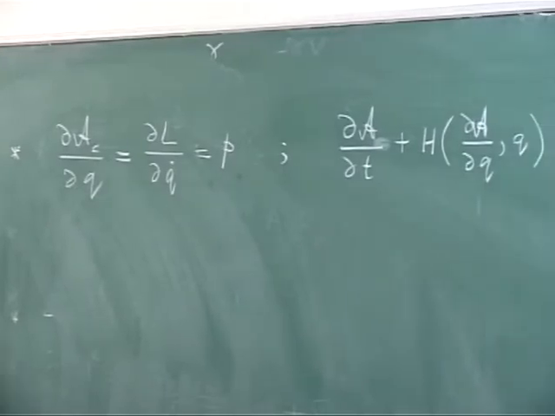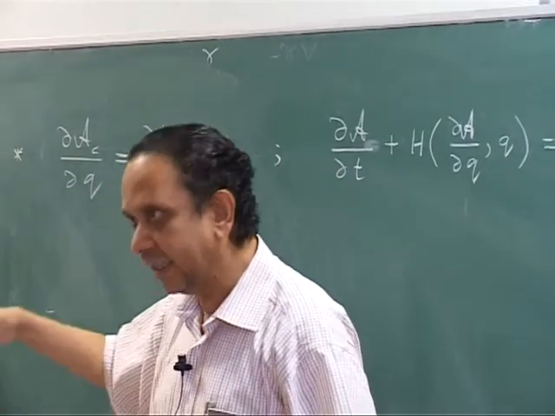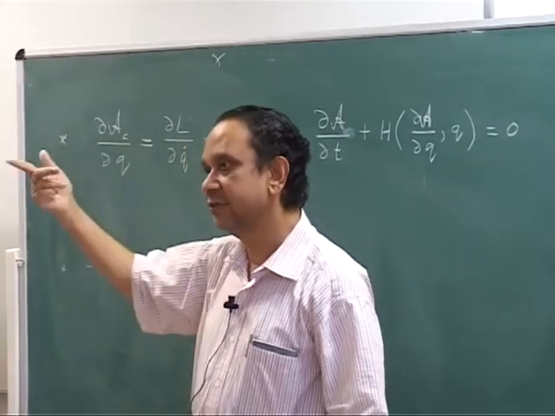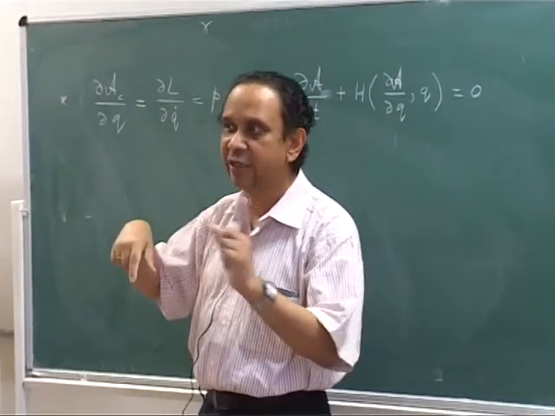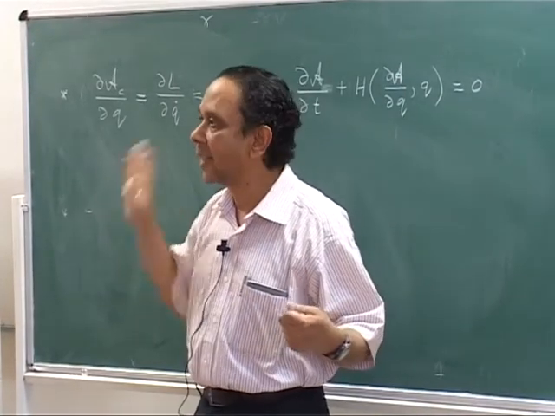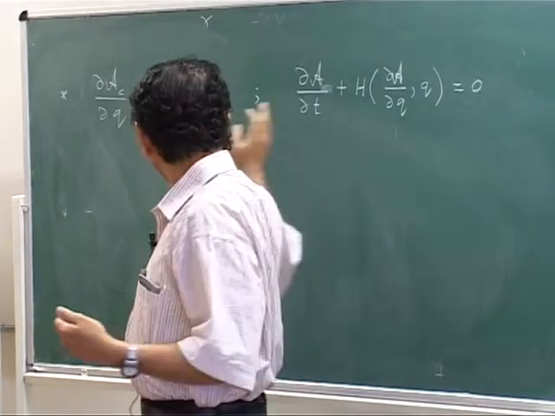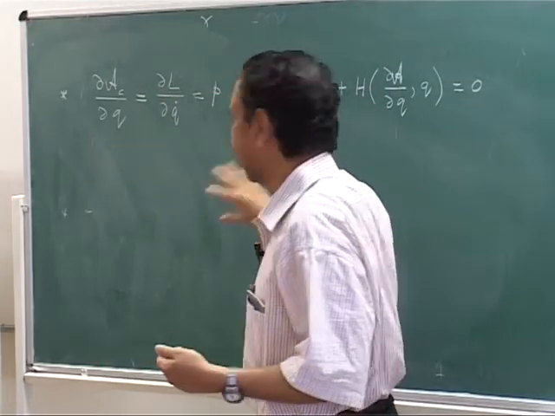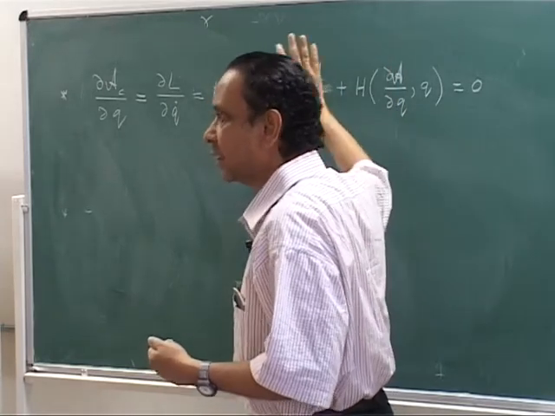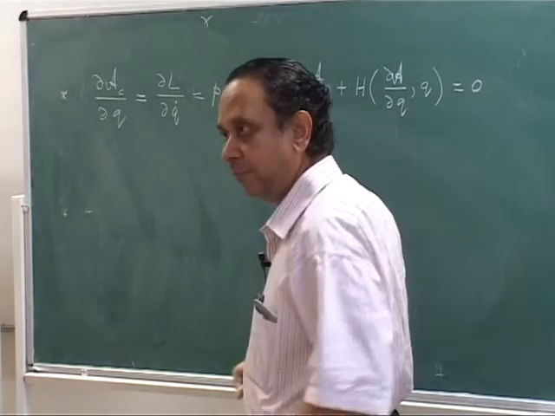Therefore, you integrate this equation and obtain a set of constants of integration, take the derivative of A with respect to those constants and equate it to new constants, because the q's and p's of the new system will be constant, and that will give you the trajectory. When you do that, you do not talk about classical trajectories at all, this is just a trick, but we are going to use this trick extensively. So I just reminded you of that.